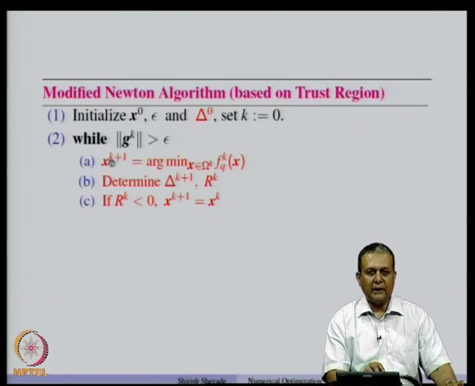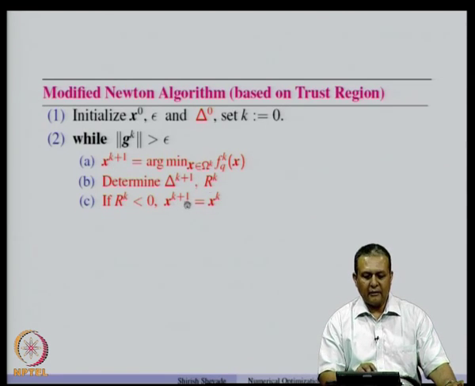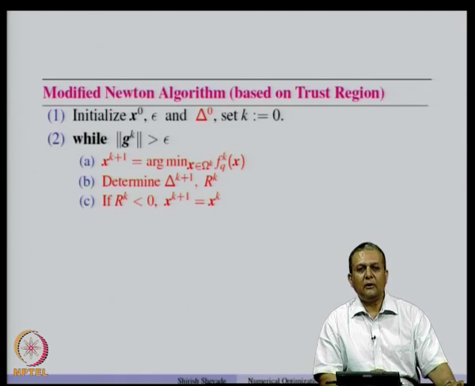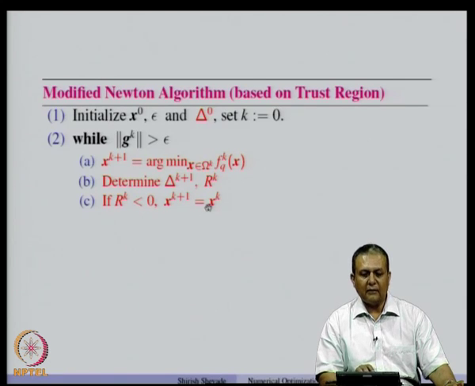The change which was made here will be undone by this statement x k plus 1 is equal to x k. And remember that if r k is less than 0.25, we had shrunk the region of trust. So, that anyway will hold here, and therefore, since the initial region of trust was not good, we again use the reduced region of trust if r k is less than 0, and see how to move from x k to a new point.